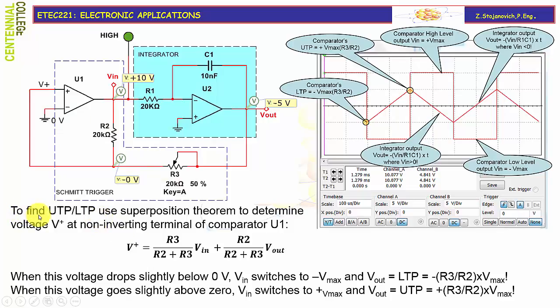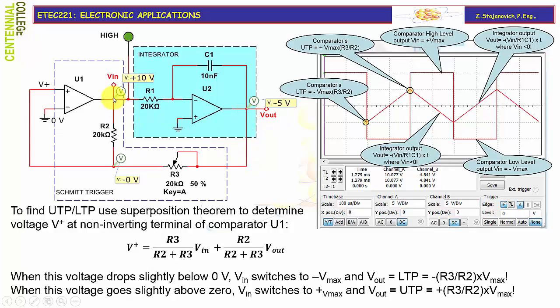Now, if we want to find the upper threshold point and lower threshold point, we will use the superposition theorem to determine the voltage at the non-inverting terminal of the comparator. This voltage consists of two parts. One caused by voltage Vn here, that's the output of the comparator, and the other one due to the output voltage from the integrator.